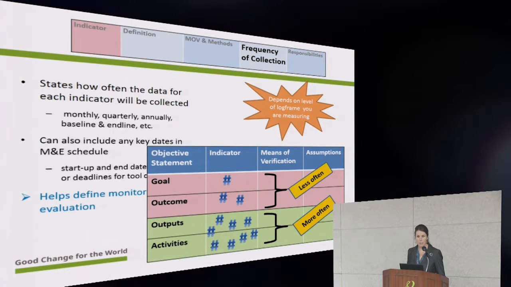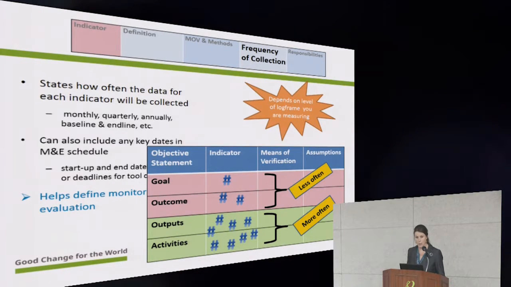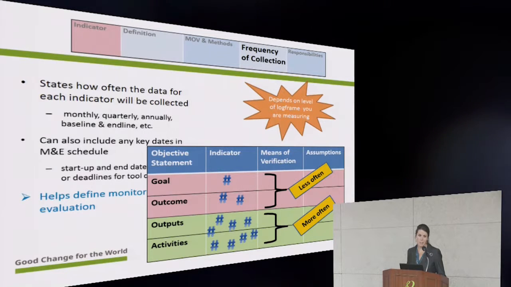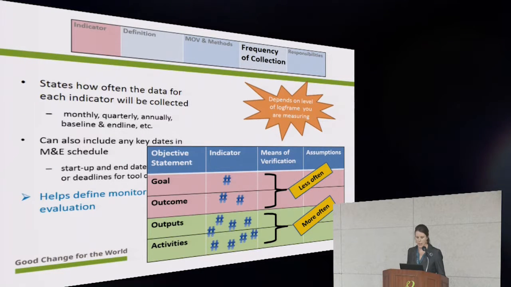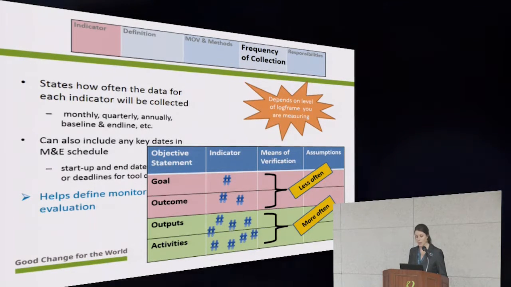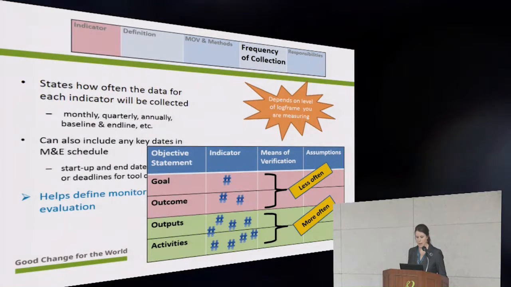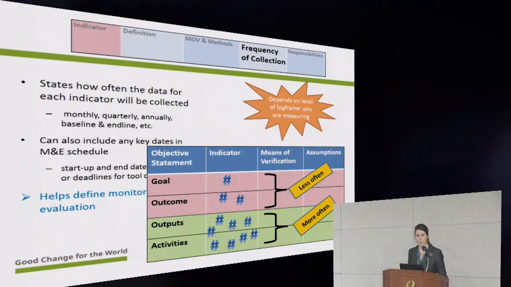And then at the higher levels, these are your evaluations, and this is going to be collected less often. It's much more complex and difficult to collect this data. So you're going to maybe just collect at baseline, midline, endline, that type for the outcome and goal indicators.